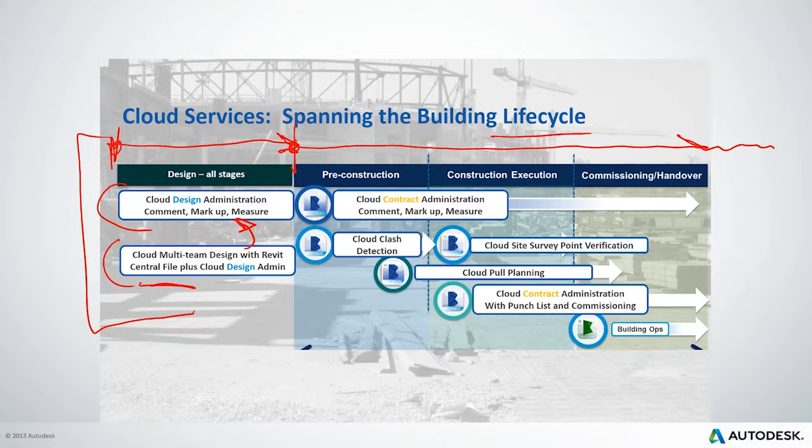Further down the food chain, as we move into pre-construction and construction execution, we have a flurry of services. It's not meant that every person uses every single service. On the left-hand side, we have architects and engineers who typically use this information.